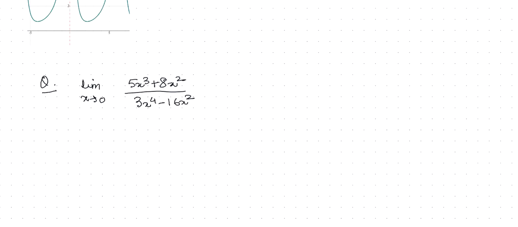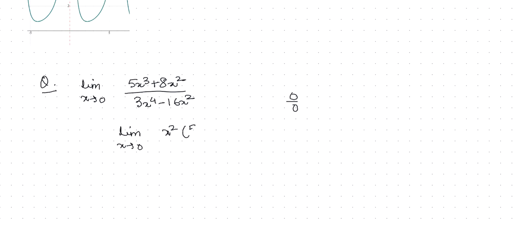If we put x is equal to 0, it becomes undefined, 0 by 0. So we need to simplify. What we can do is take the x square common.